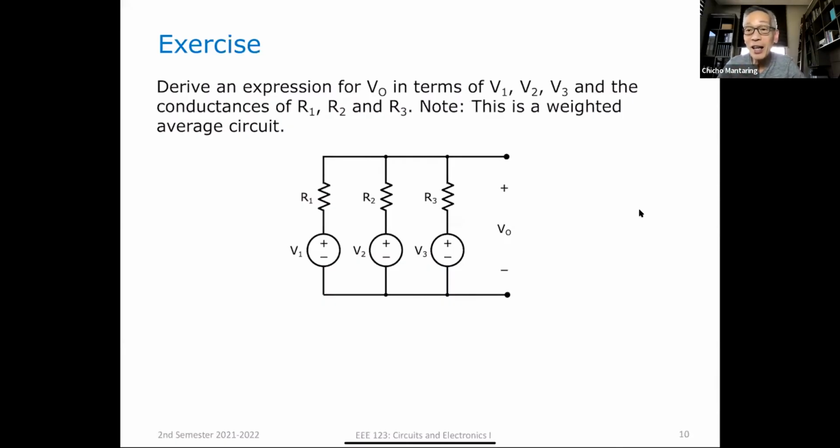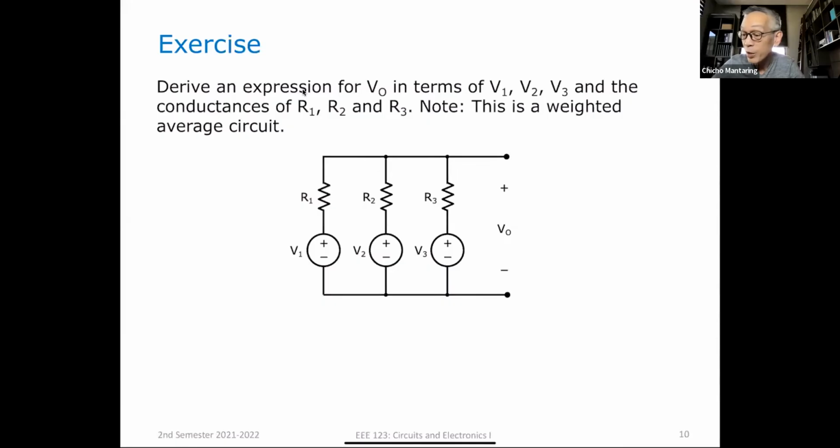What is our definition of an essential node? An essential node is a node where more than two elements are connected. So if you take a look at this circuit, there are only two essential nodes. Let's see what the others mentioned. Yes, that's right, Nika and Clyde, there are only two essential nodes.